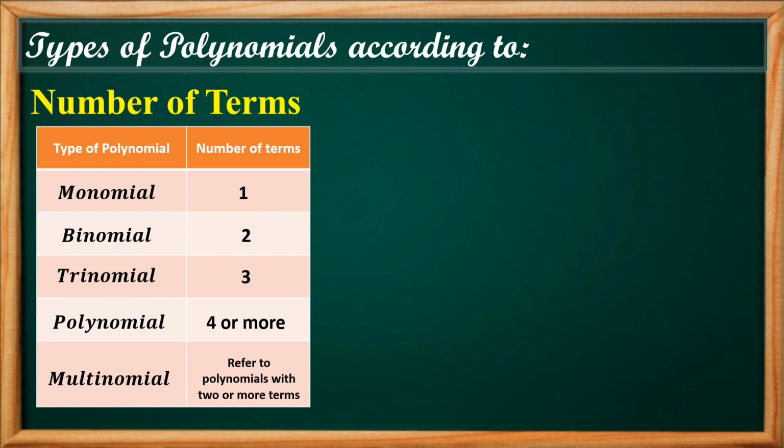Refer to a polynomial with 2 or more terms. That is multinomial. Pero kung isa lang, monomial. Pero dalawa, tatlo, apat, lima, hanggang pwede natin tawaging multinomial. Pero pwede rin nating tawagin na kapag meron tayong dalawang terms, binomial. Kapag may tatlo, trinomials. 4 or more, polynomials.